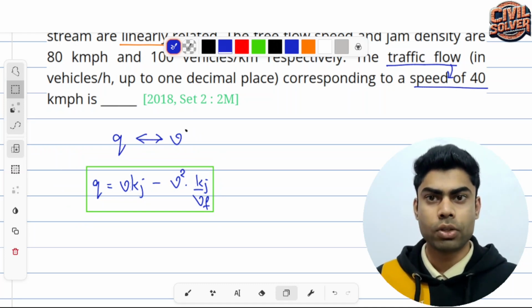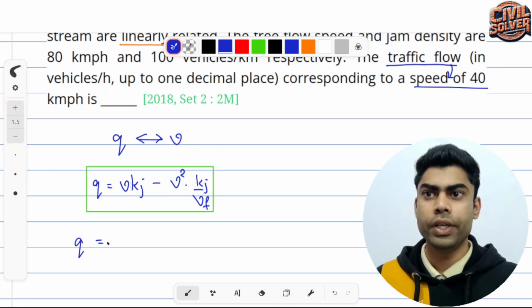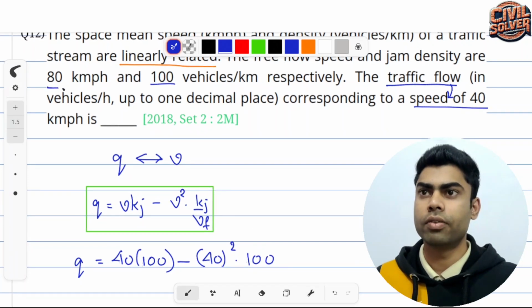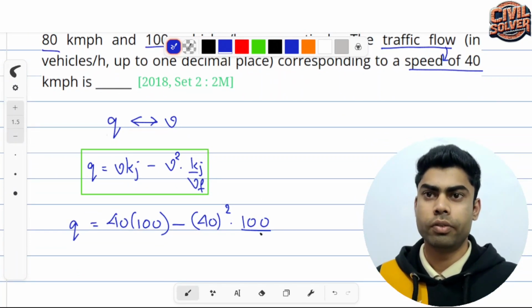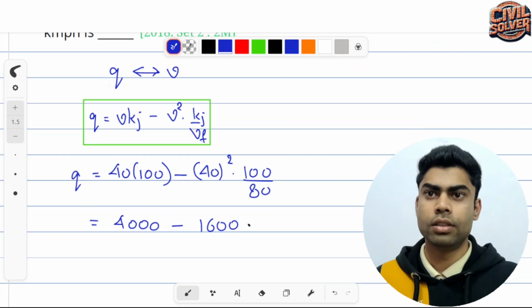Now I will directly put in the values. Q we need to find out. Q is equal to V is given as 40, Kj is given as 100, so 40 times 100, minus V square, means 40 square, Kj 100 by Vf is given as 80, so divided by 80. Simplifying it, we will get 4000 minus 1600 times 100 upon 80.